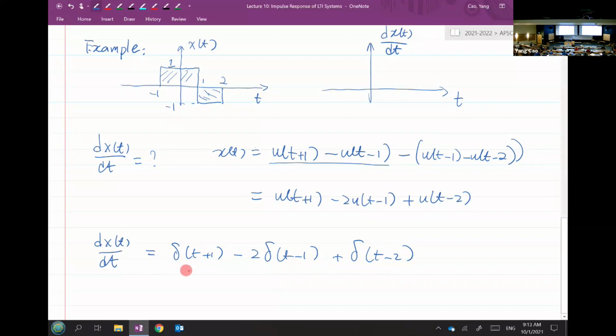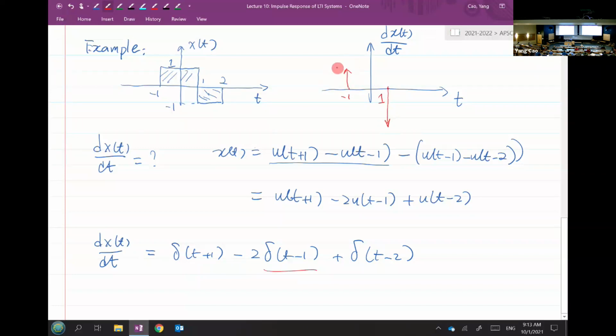Finally, you can plot this out for dx over dt. Plotting it essentially means finding the delta locations. The first one is at -1, going above. The second one is at 1, but the coefficient here is 2, so when you draw the impulse arrow, you're supposed to draw it about twice as tall as this one, approximately, because of hand drawing.